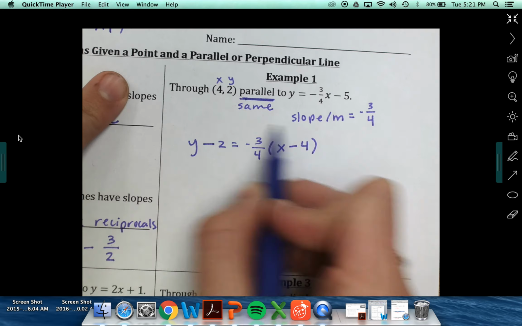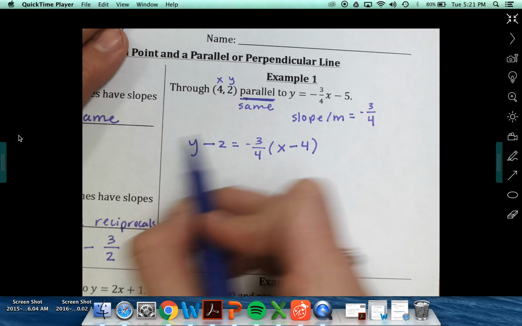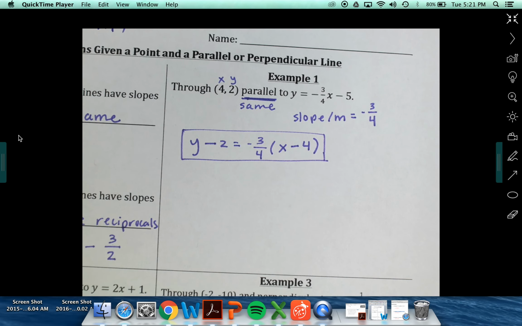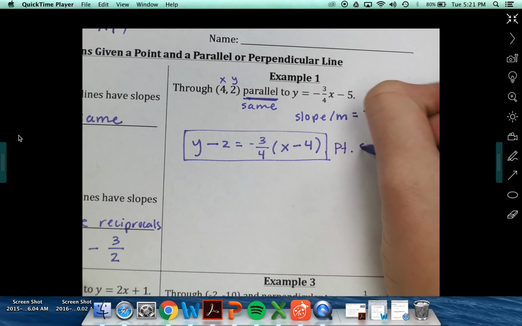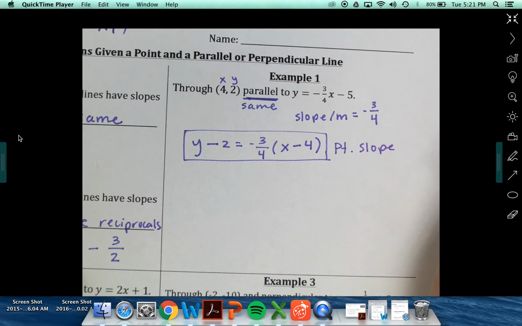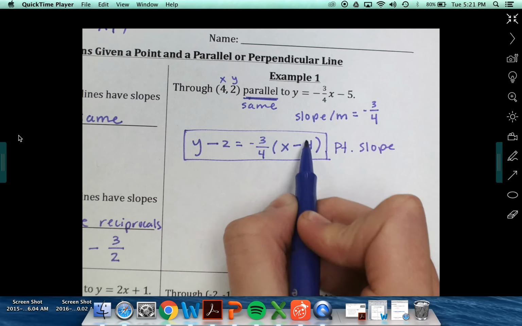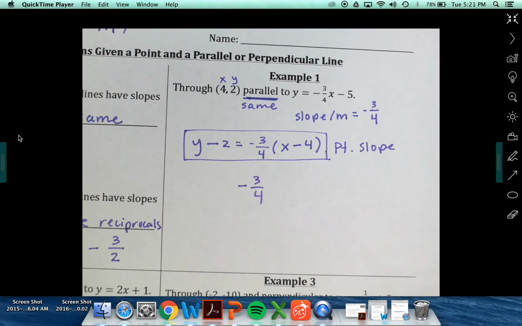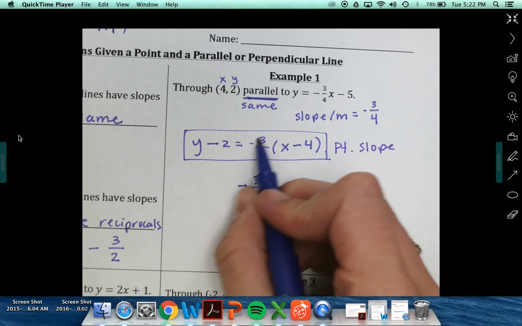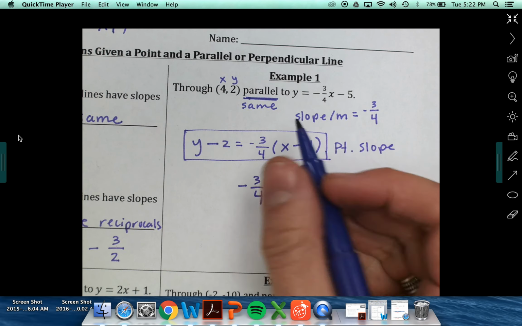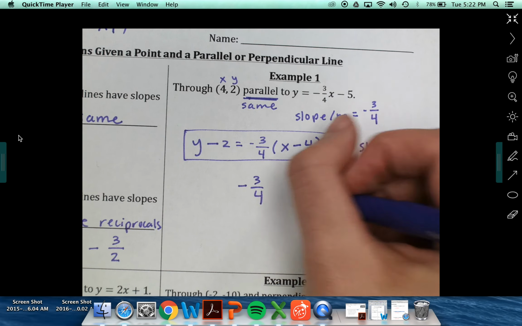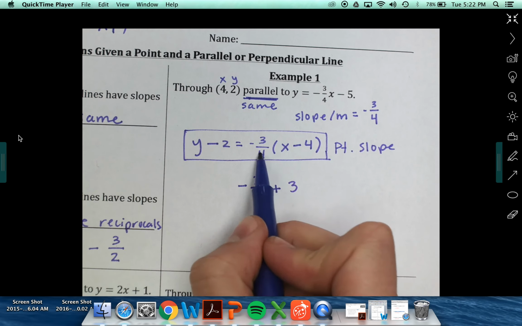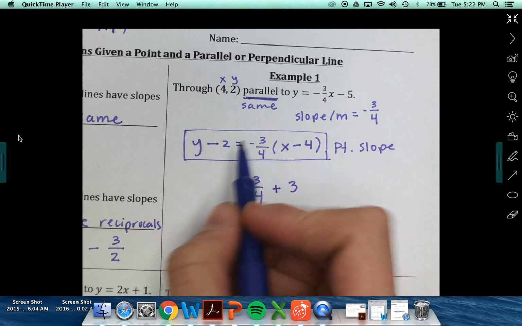This right here is the point slope form. Now I'm going to convert this to slope intercept, right? So I've got to distribute. I've got to get rid of these parentheses. Negative 3/4 times x is negative 3/4 x. Negative 3/4 times negative 4 is positive 3.